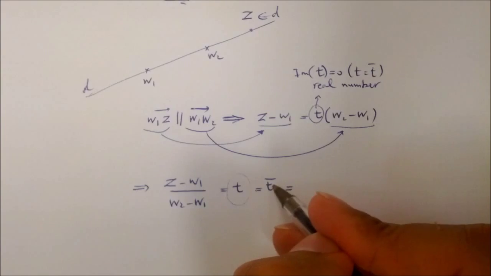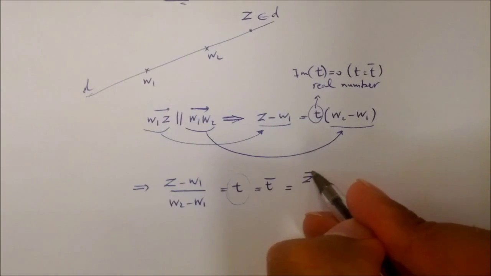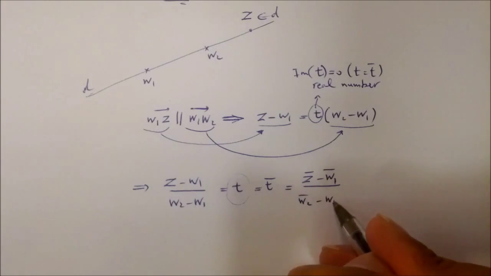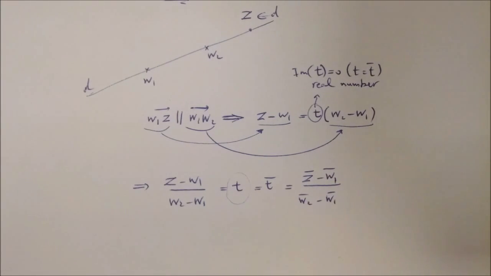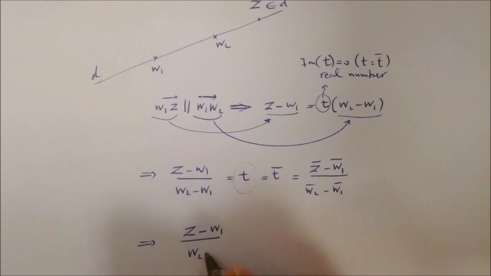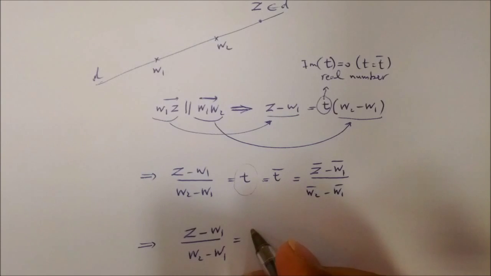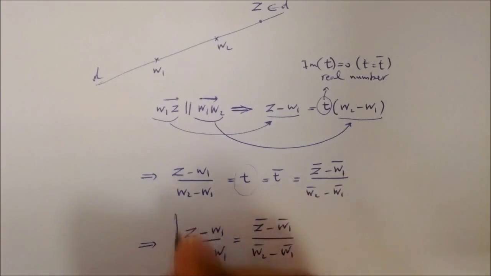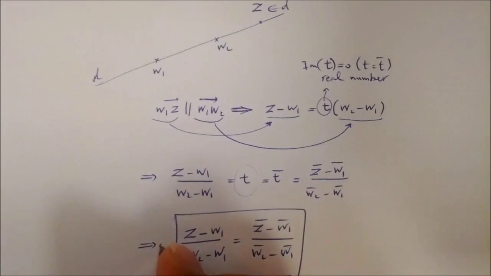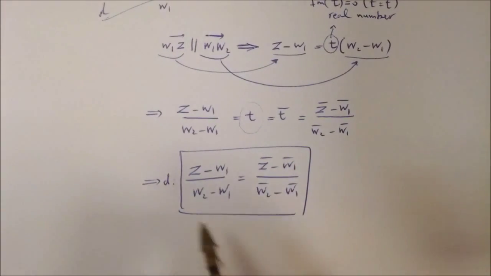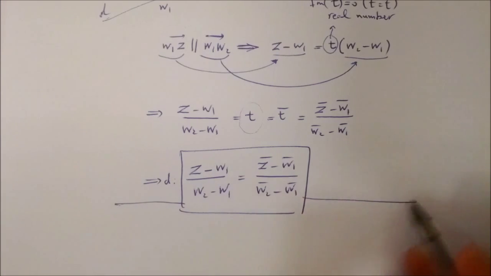So t bar will be simply (z bar minus w1 bar) over (w2 bar minus w1 bar). So I'll consider (z minus w1) over (w2 minus w1) equal to this, and this will be the equation of this line in the complex number plane.